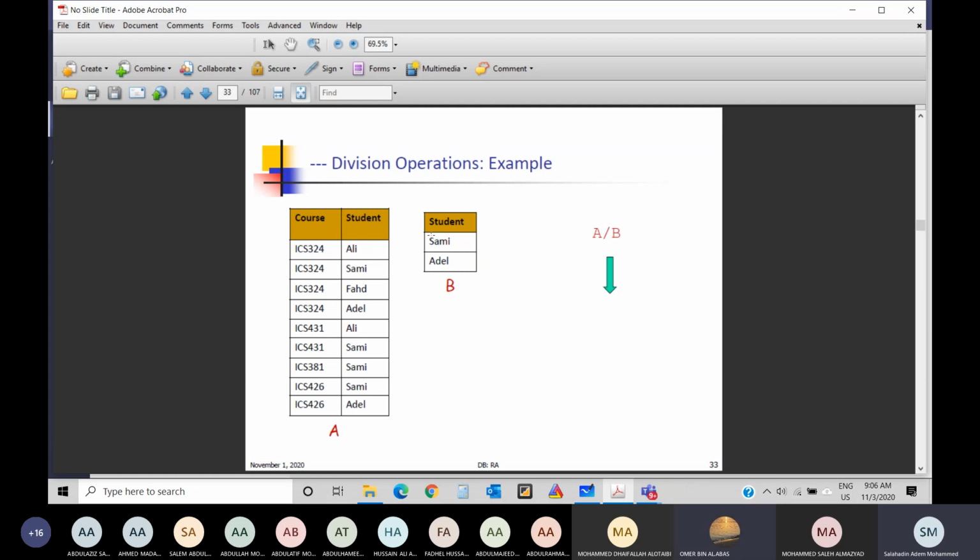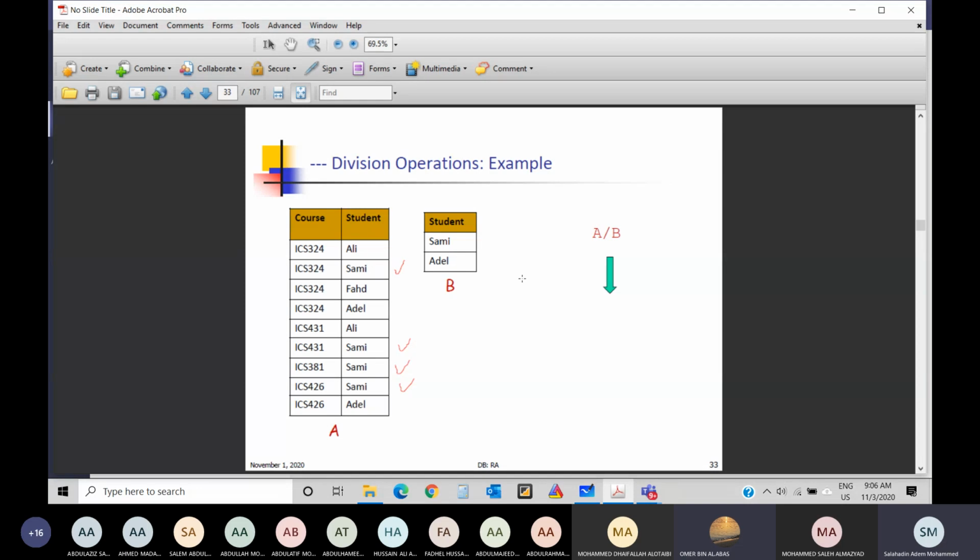Now, what is the output? First of all, let's take all the courses taken by Sami. What are the courses taken by Sami? ICS 324, ICS 431, ICS 381, and ICS 426.